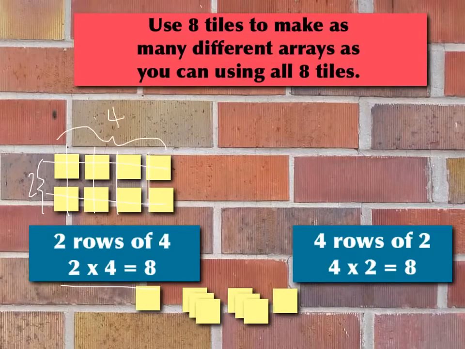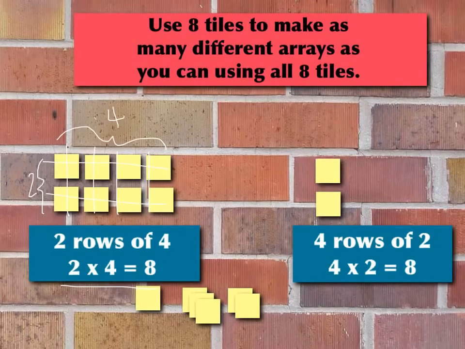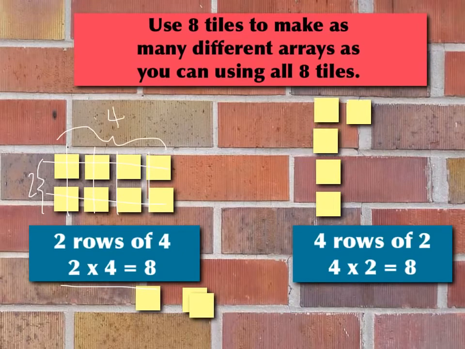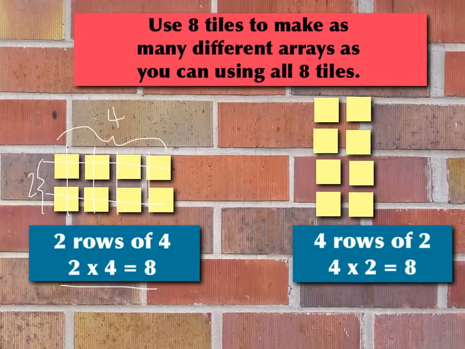Well, then let's keep going, and we're going to look at this one, and we're going to make 4 rows of 2. 1, 2, 3, 4 rows. And how many are going to be in each row? 2. 1, 2 in each row.